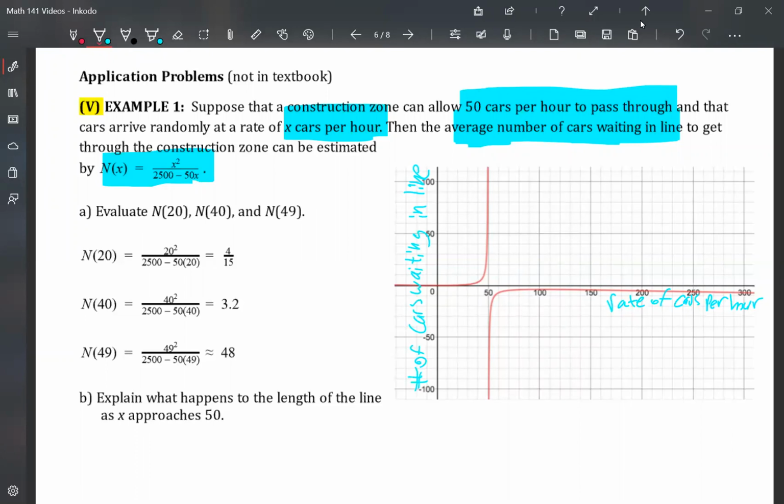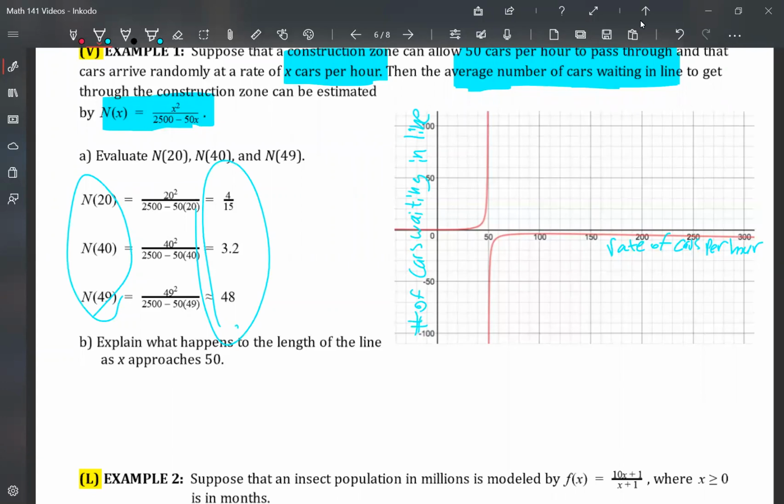Well, as x is approaching 50, the length of the line is increasing dramatically. That's what our numbers are telling us, that as there's more cars coming through, 20, 40, 49, there's a lot more cars in the line, 4/15, 3.2, 48, waiting to get through that.